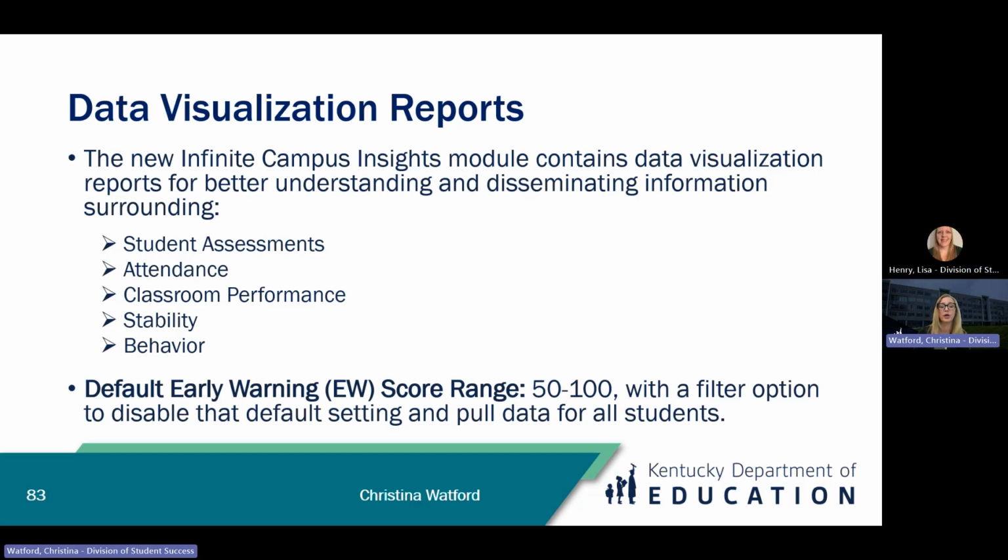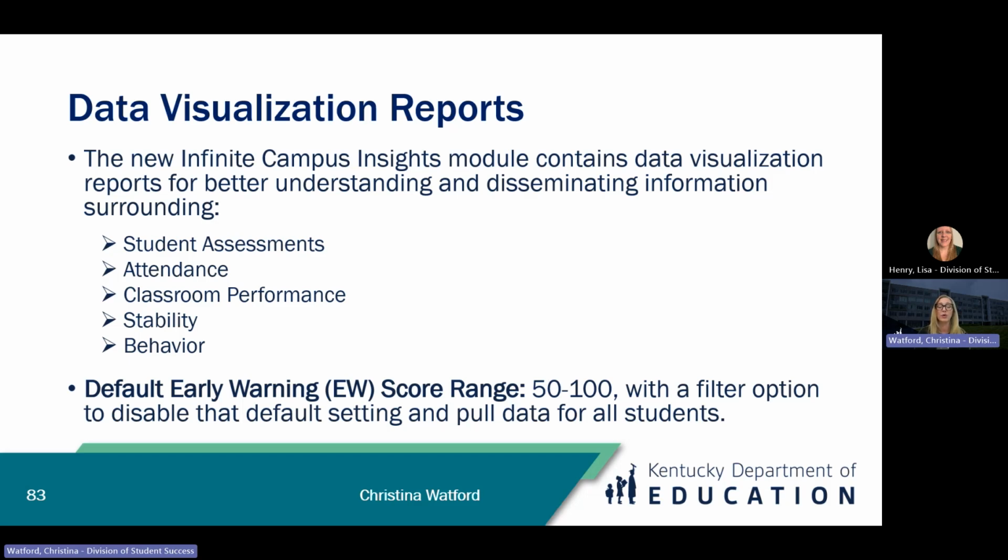If you are familiar at all with the early warning system, then this is a companion tool that was built originally to speak with the early warning system in order to identify data for students with that grad score range or any of the early warning independent category score ranges that fall between 50 and 100.